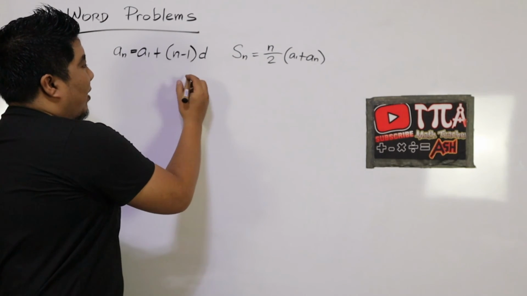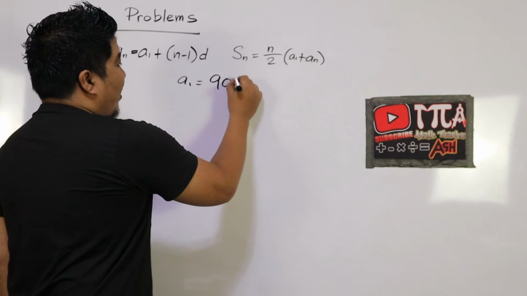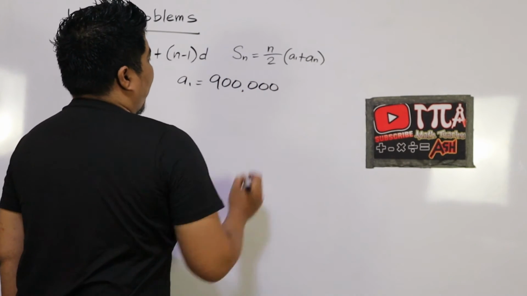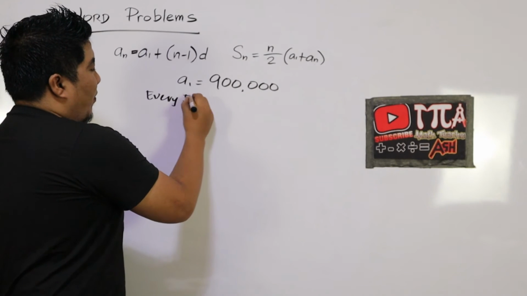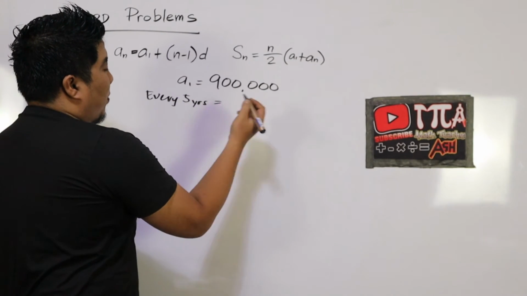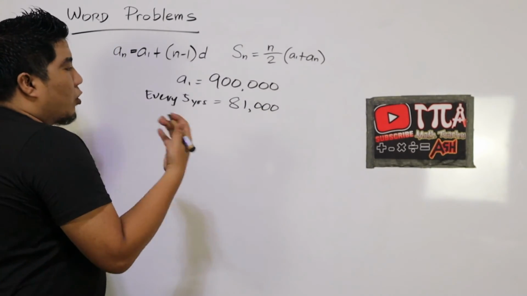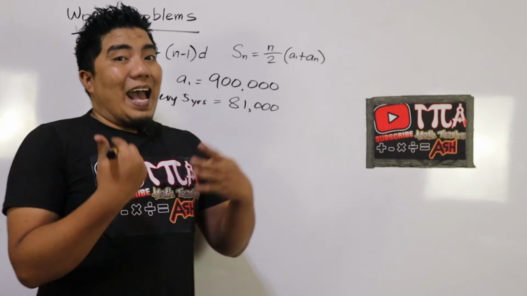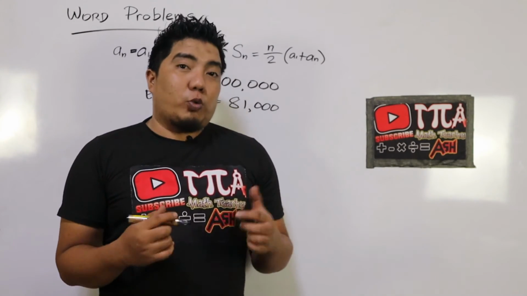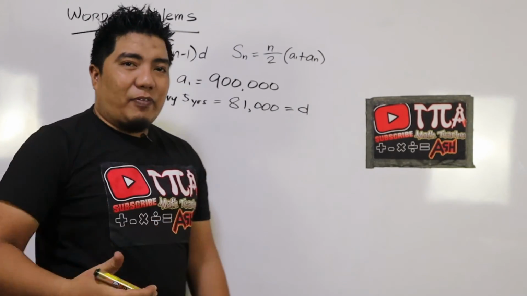The given says that the lot initially cost 900,000 pesos, and every 5 years it appreciates by 81,000 pesos. So basically, every 5 years, the lot will add 81,000 pesos to its value. Therefore, this is also our common difference.